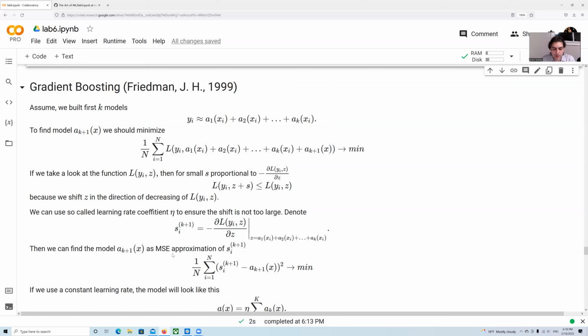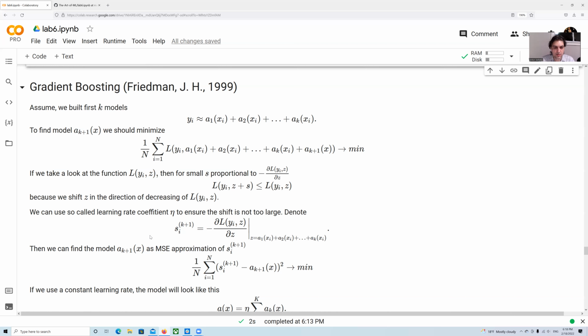And so in 1999, the method of gradient boosting was proposed by Friedman. And now it's the most popular method in industry.